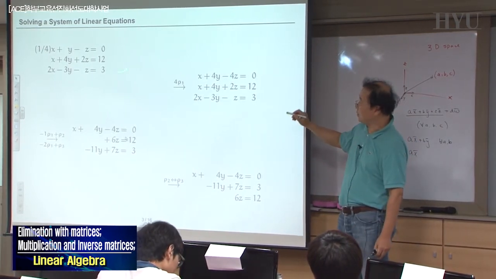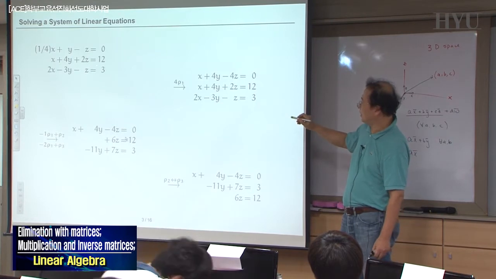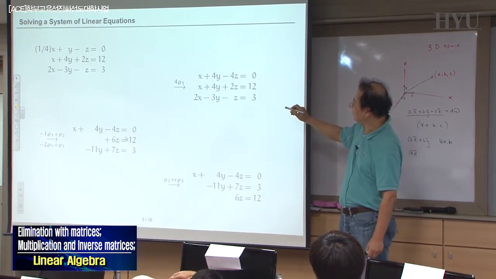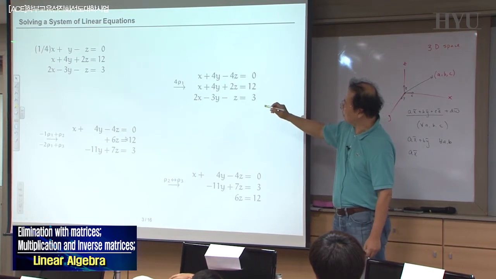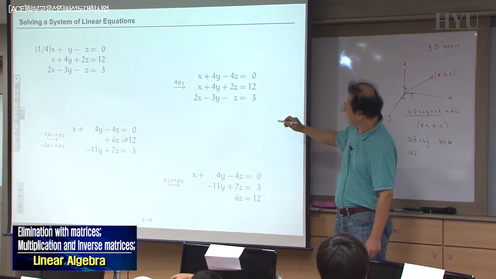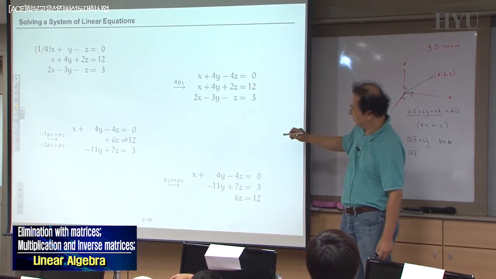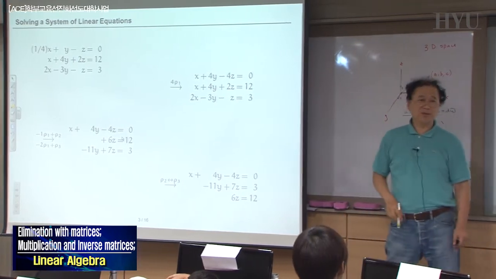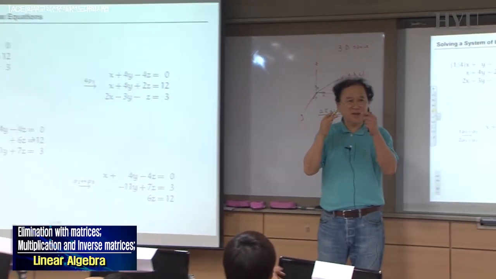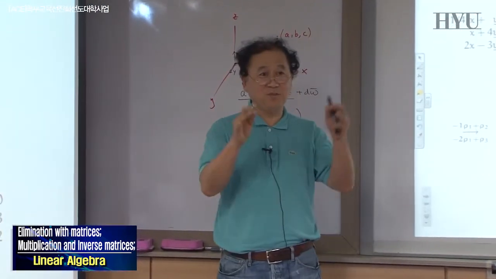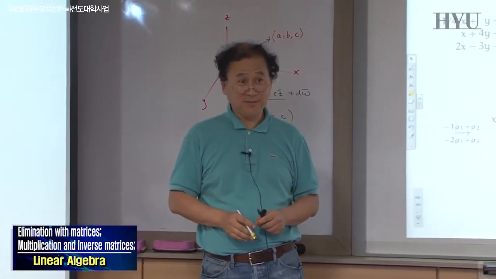From here, it's not that obvious, right? So we have some transformation, like 4 times this first equation, then subtract from this, and it will be converted, right? This is what we are doing. Basically, we can do the same thing, but instead of using these equations, we use matrix forms.